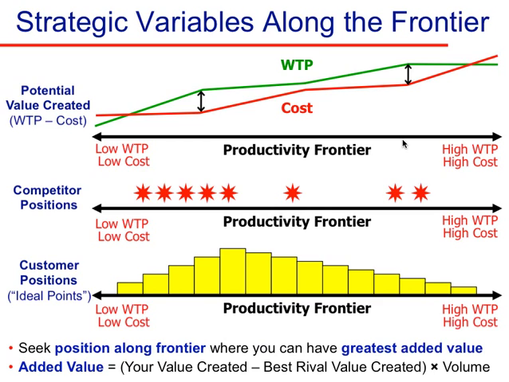And then we pointed out that you should seek a position along the frontier where you can have the greatest added value. But the added value, again, is your value created minus the best rival value created. So it's going to be driven by your value created, which is the potential value created here, your best rival value created, which will be driven by competitor positions, and then, of course, by the volume, the customer positions.